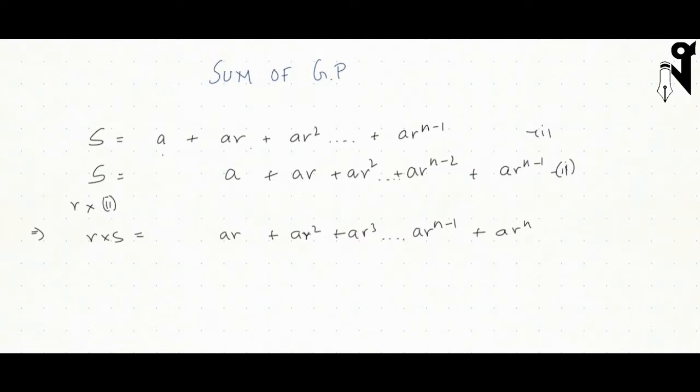Okay, so on the left hand side I have r into S, and on the right hand side I have this expression, every term multiplied with r. The whole thing I basically multiplied with r, and this is what I got.